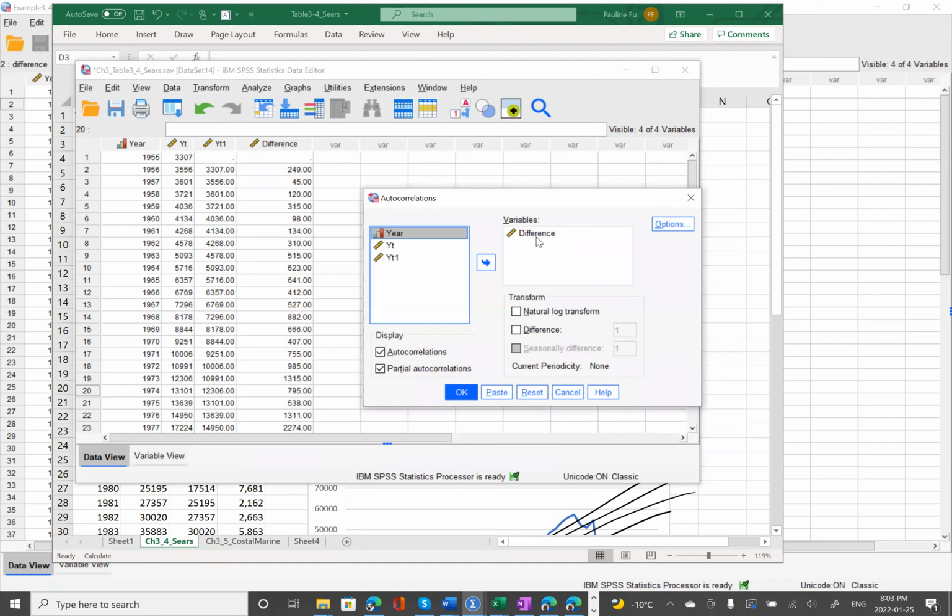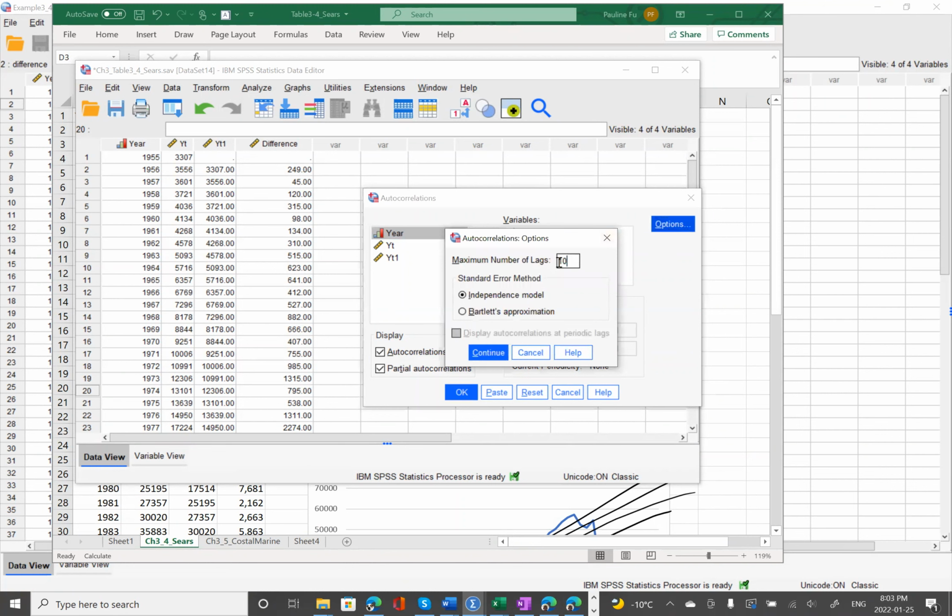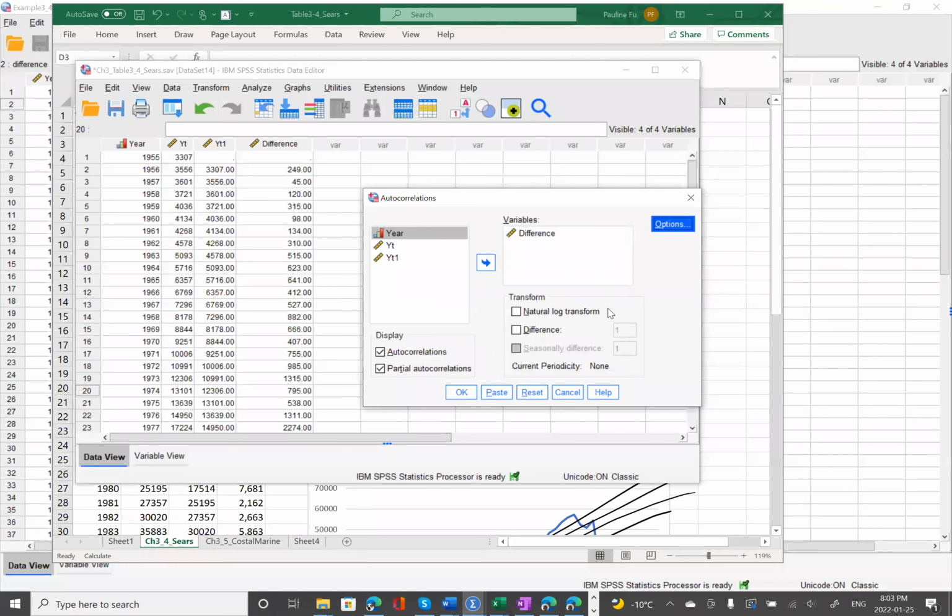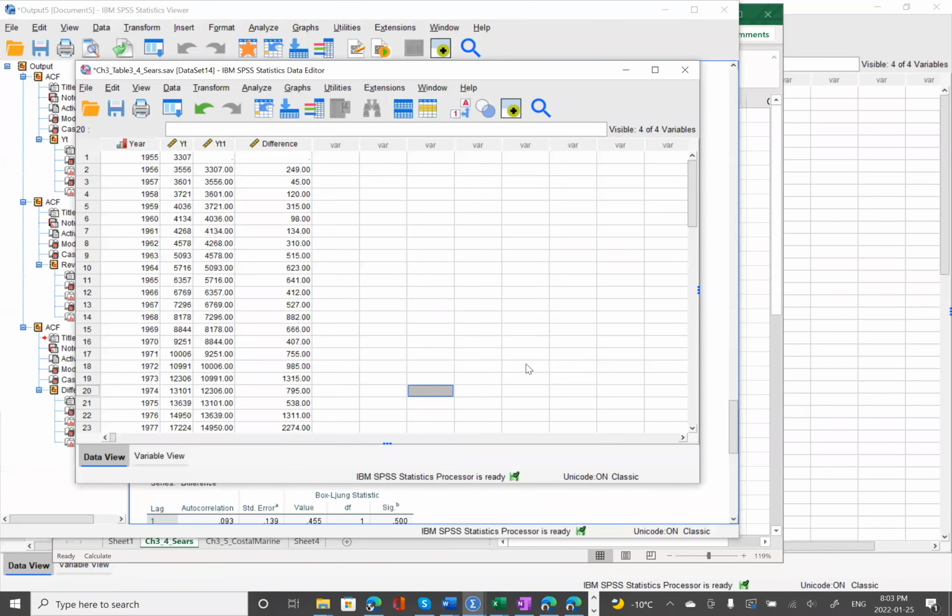This time you want to use difference as the variable. And you want to do 10 number of lags, that's fine. And you click OK button to see what happened.